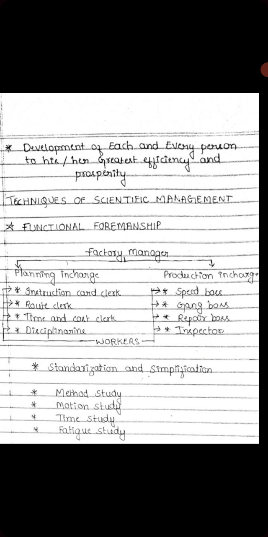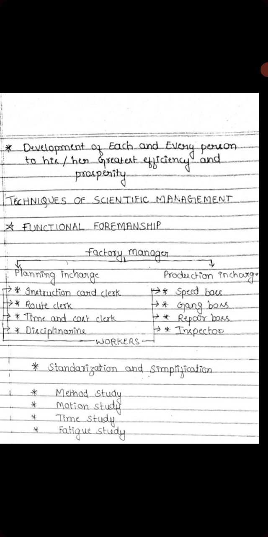Now in the remaining 7 hours, if in 1 hour 3 cotton boxes are produced, in 7 hours how many cotton boxes can they produce? That is 21 cotton boxes per day. So the workers must reach this target of producing 21 cotton boxes in one day. So this is the standard time.